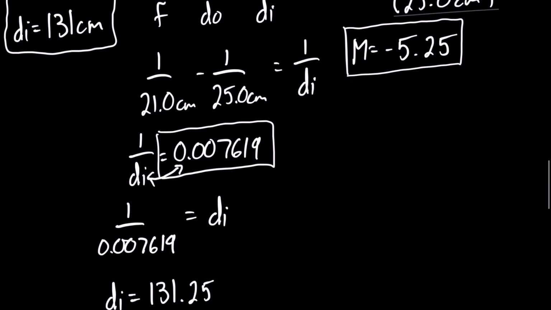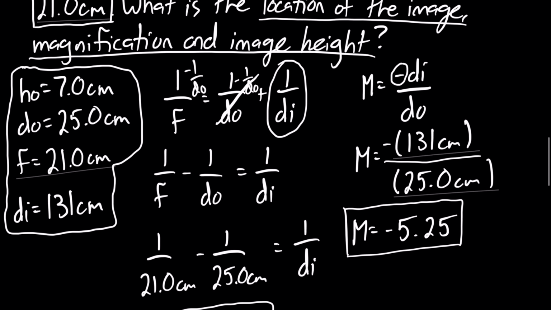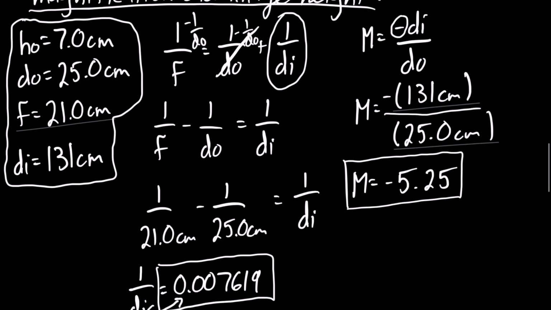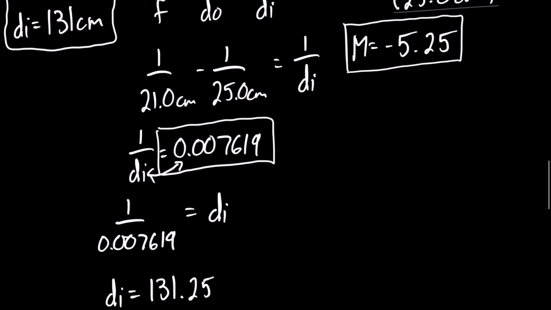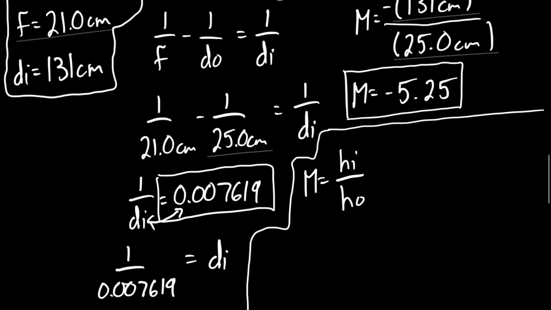Okay. We just have one more question to answer here, and that's the image height. It looks like we're going to have to use the other magnification equation to figure that out. So let me square off a little block here to make this neater. We have magnification equals the height of the image over the height of the object, and we have 2 of the 3 values here.